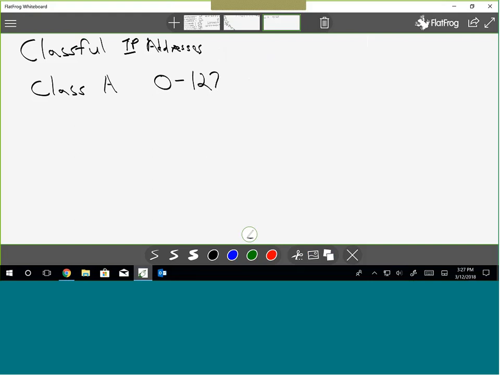So the decimal value of 0 to 127. It also has, in the first bit position, a 0. This is the decimal value here. And the default mask that you will find for a class A is 255.0.0.0.